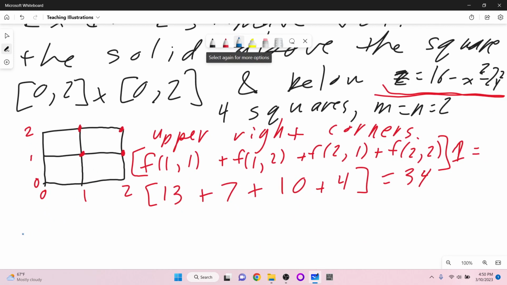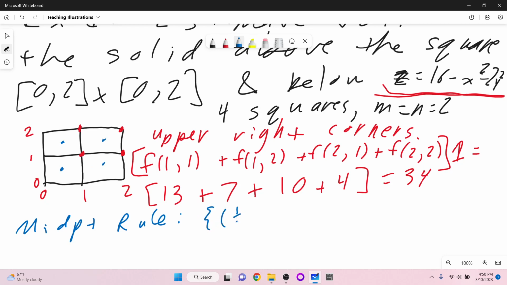Now on the other hand, it might ask you for the midpoint rule. If that's the case, your test points would be (1/2, 1/2), (1/2, 3/2), because halfway between 0 and 1 is 0.5, and halfway between 1 and 2 is 1.5.